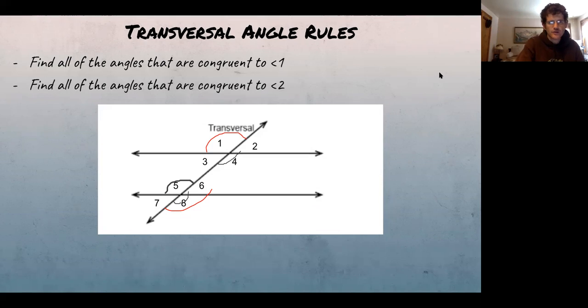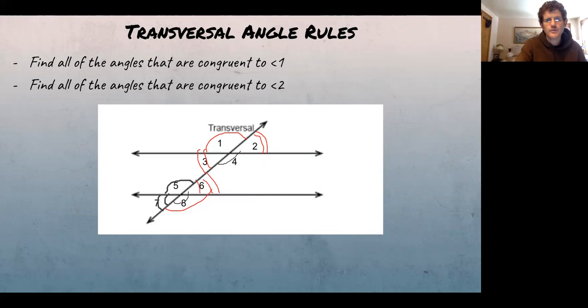All right, and so the next part will probably be pretty straightforward. Find all the angles that are congruent to angle 2. And I'm going to put 2 arcs for this one, so you guys can put 2 arcs as you label the rest. There we go. 3 is, 7 is, and what else? There it is, 6. So you guys did a good job.